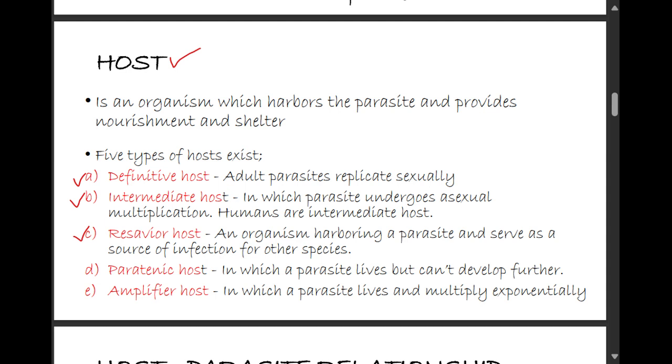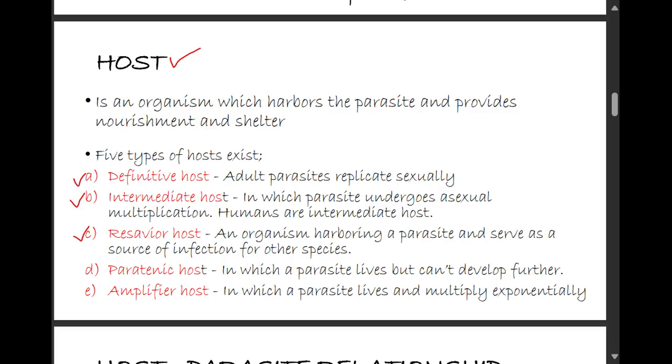For example, a dog is the reservoir host for cystic echinococcosis, a parasitic infection caused by the larva stage of Echinococcus granulosus, which primarily affects the liver and the lungs. Are we together? All right.